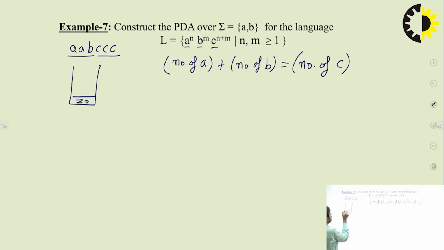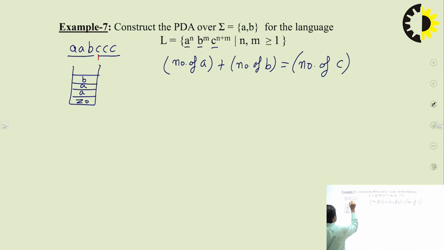Input is A, top of the stack is Z naught, we push A. Input is A, top of the stack is A, we push A. Input is B, top of the stack is A, so we push B. Now corresponding to C we pop all A and B.